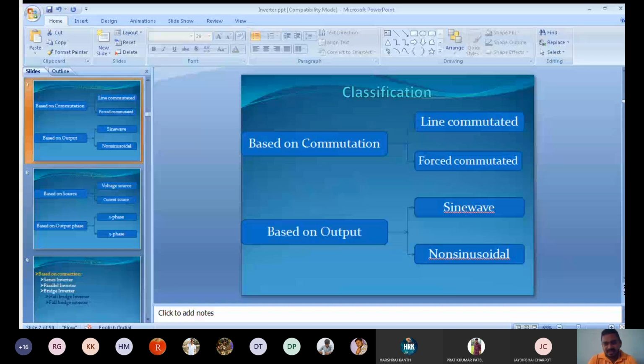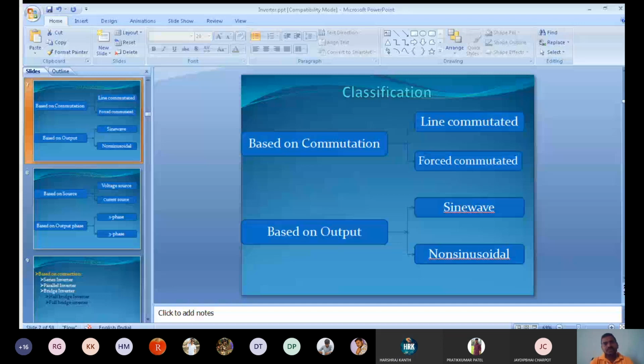We are studying, or we have studied, DC machines as well as AC machines. In electrical machines the meaning of commutation is different, and in power electronics the meaning of commutation is different. The meaning of commutation in electrical machines and in power electronics is not the same.